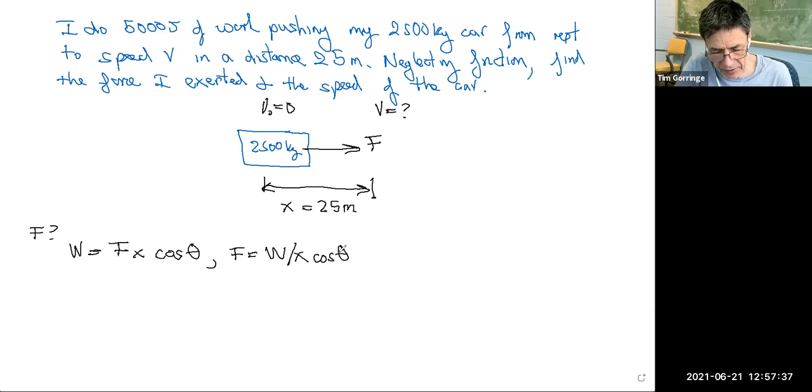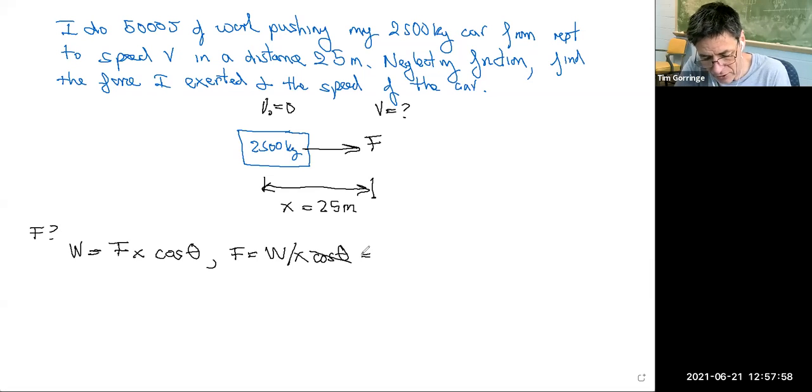Now, in this particular case, I'm pushing towards the right. The car is moving towards the right. And so that cosine theta, which is the angle between the direction of the force and the direction of the motion, is going to be the cosine of 0 degrees. It's going to be just 1. So we don't have to worry about the cosine.